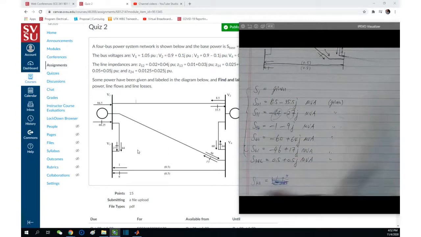Instead, what can you do? The line loss between bus 3 and bus 4 is given as 0.5, and S34 is given as 2. What does it mean? How do you read this graph? So here, bus 4 is providing some active power. After losing 0.5, only 1 MVA, 1 megawatt, is received by bus 3.